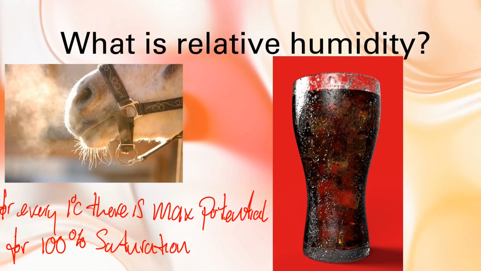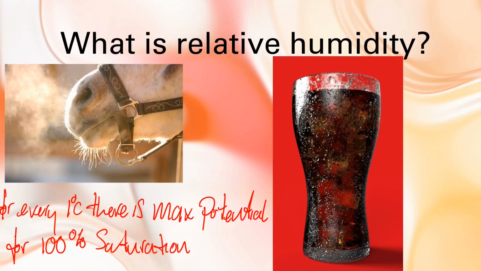So getting back to this 1 degree. For every 1 degree, there is a maximum potential for 100% saturation. So energy is heat, just one form, all right? So when we put energy into the air, that energy has the potential to hold the saturation.